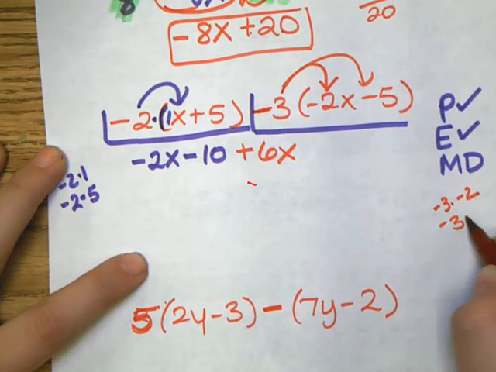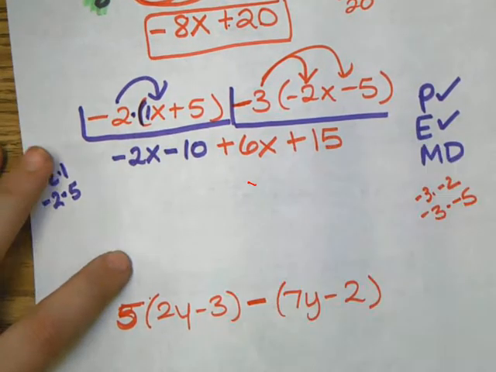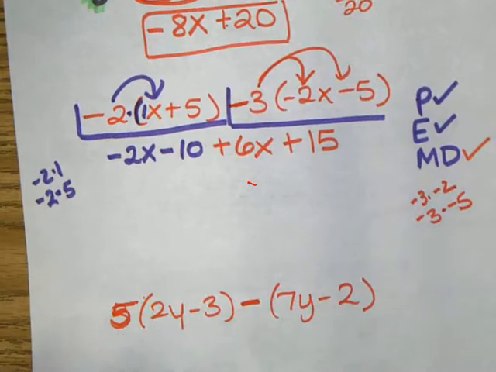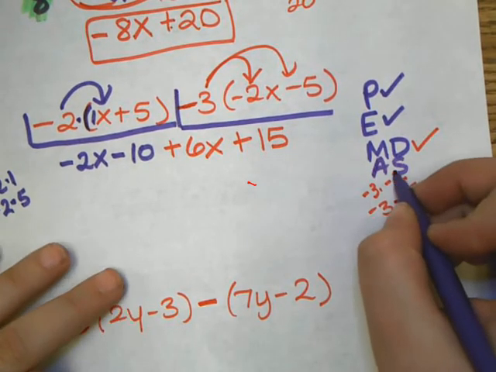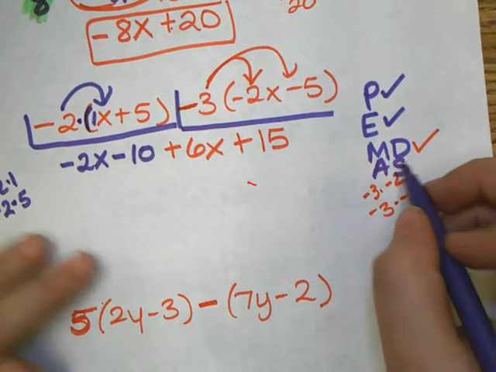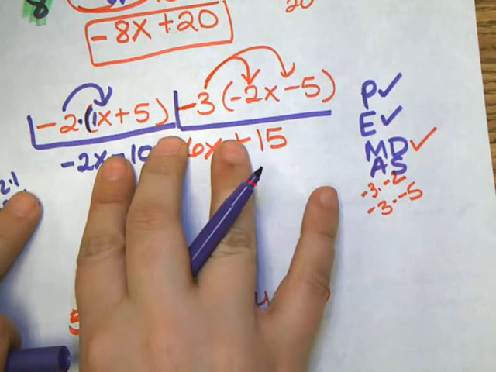So notice I'm using this with the negative 3, so I'm not going to bring it down. A negative 3 times a negative 2 is a positive 6x. Then negative 3 times negative 5 is positive 15.